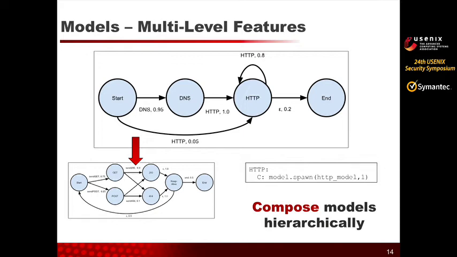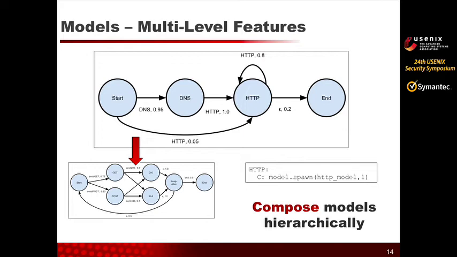By using a spawn functionality as an action, when you start your web browsing model and begin your walk through it, and we decide we're going to start up an HTTP connection, we can spawn off a completely separate HTTP model, just like the one we saw in the previous slide, that will accomplish that one goal of mimicking the activity in that one connection.